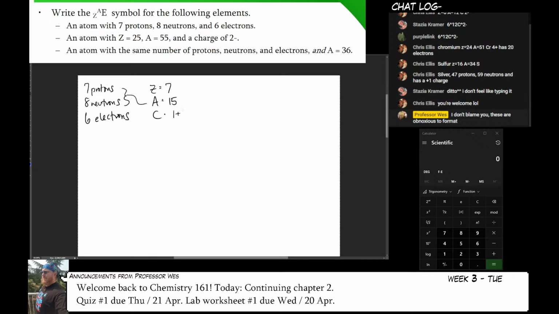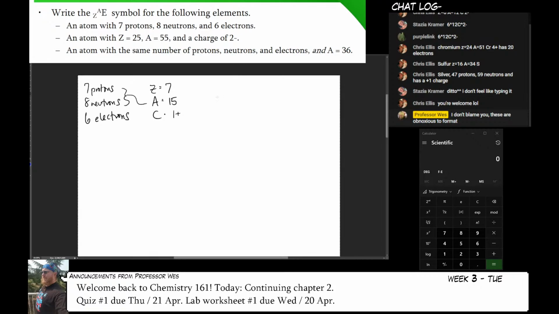So we can write that like this. Well, what's element number 7? We have to go to the periodic table, which I have closed, but I have my periodic table over here. Let me go grab it. I have a laminated one that I just stole from the lab or something. So element number 7 is nitrogen.